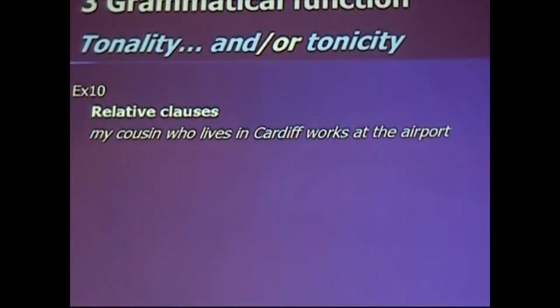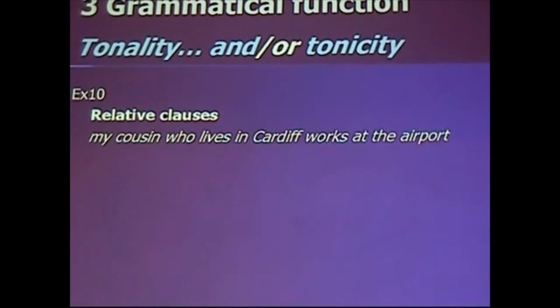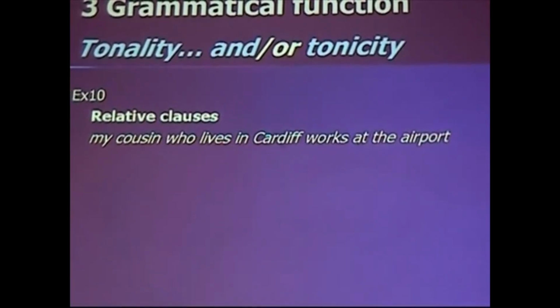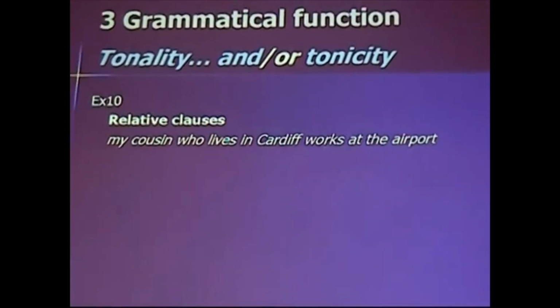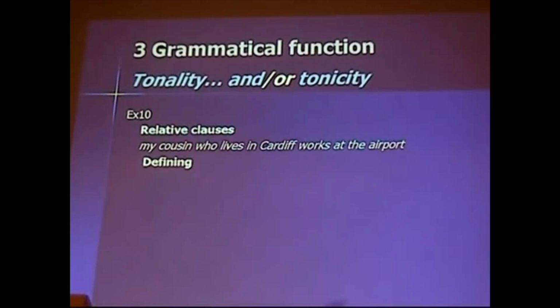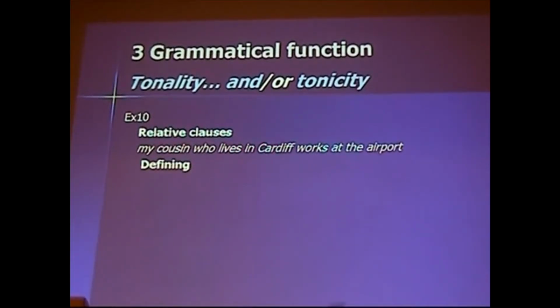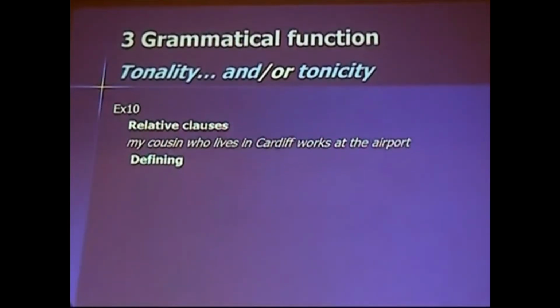It might be, or I might be distinguishing a particular cousin, defining for you a particular cousin out of a bunch of cousins. And intonation can help us to do that.